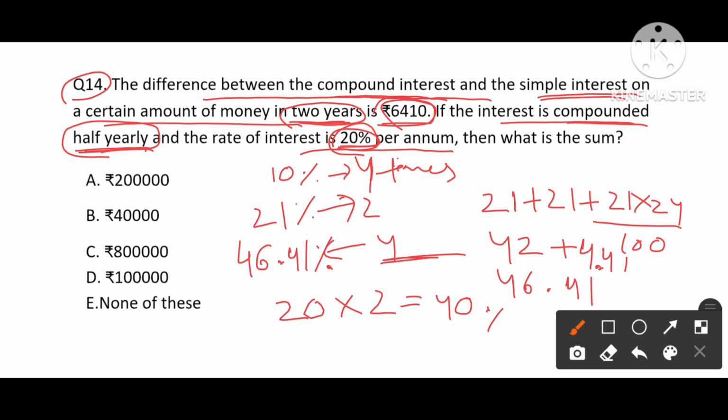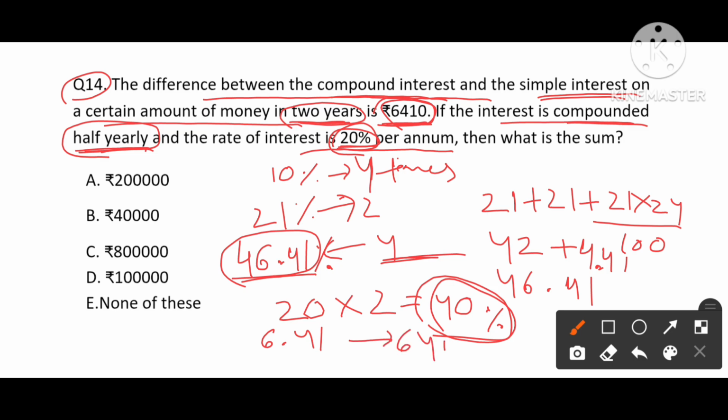Here, for simple interest 40 percent, and the difference is given as 6410. So the difference between 46.41 and 40 will be 6.41. 6.41 percent is nothing but 6410.